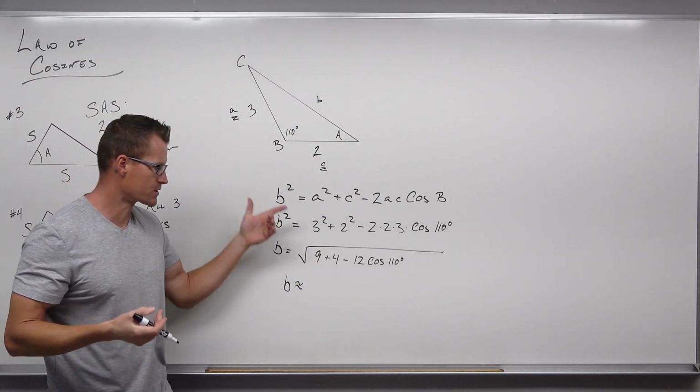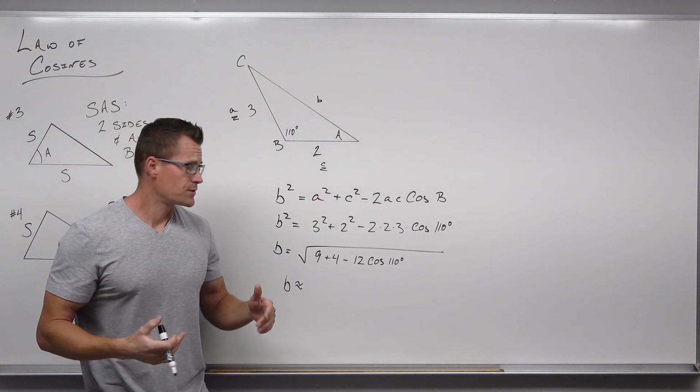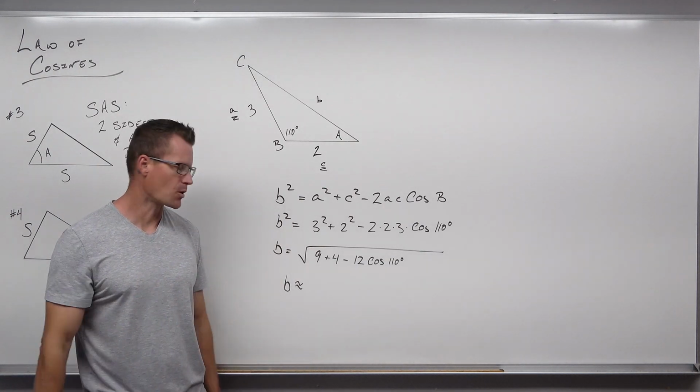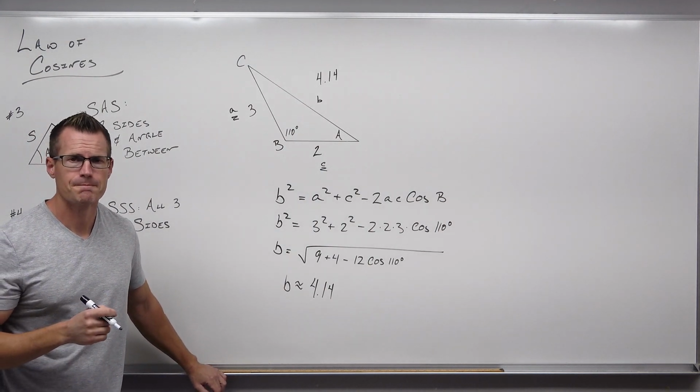So I just happen to have simplified it, 9 for 12 cosine 110. You don't have to. You can just take a square root right from here, put the whole thing in, as long as you use your parentheses appropriately. B is about 4.14 units.